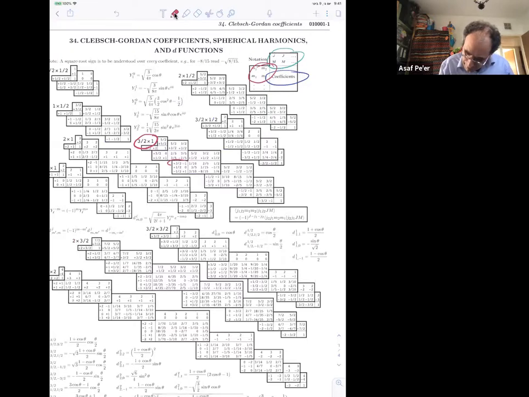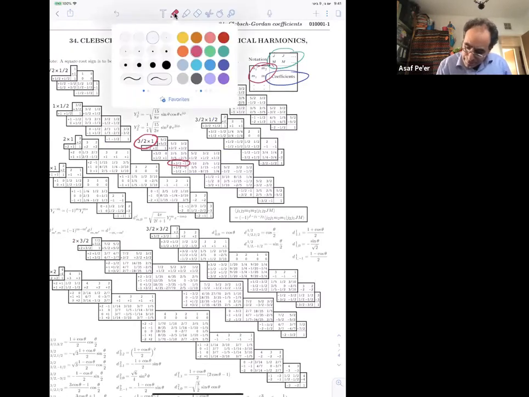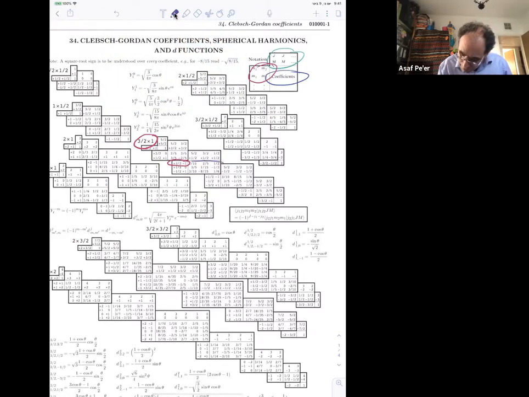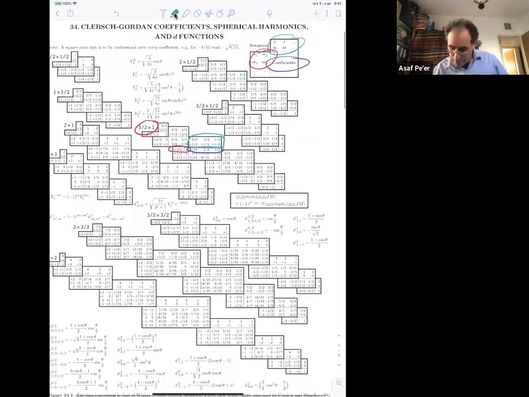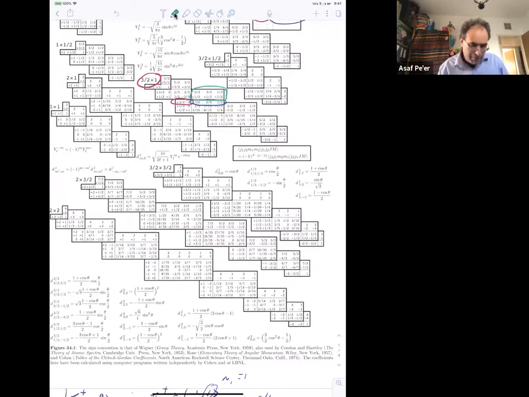We have it here, right? And the coefficient that we have right here for this combination of J and M, right? 1/10, 2/5, and 1/2.